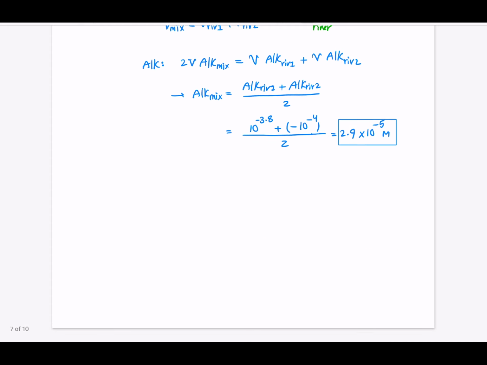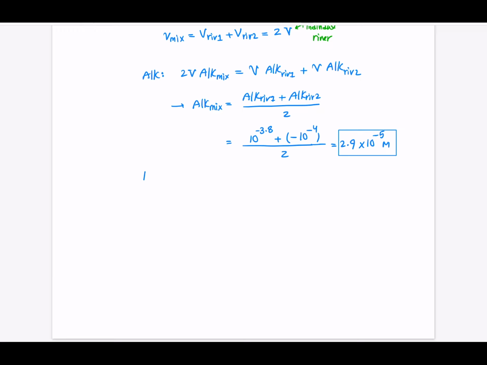So we did that for alkalinity, and then total CO3 would be the same basically. The total CO3 of the mix would be the weighted average, which in this case is the normal average: total CO3 of river 1 plus total CO3 of river 2 divided by 2.